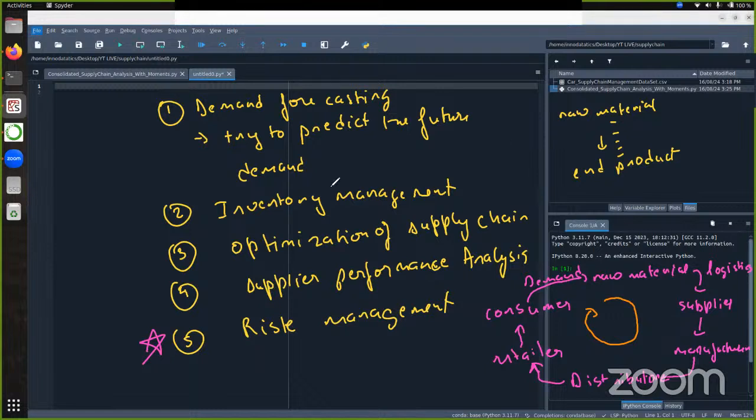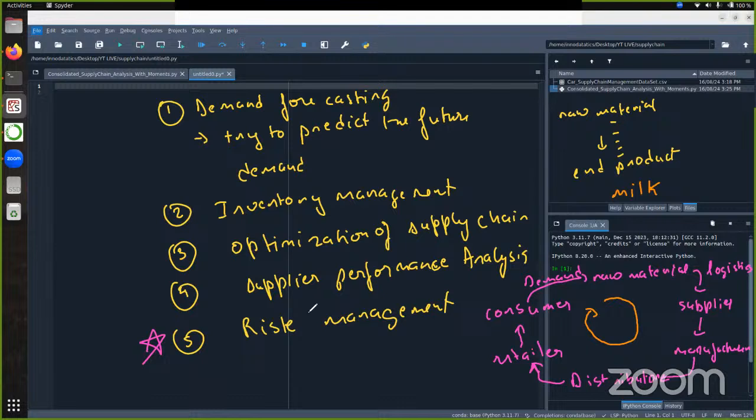Let's say that your raw material is dependent on maybe some kind of weather. Let's talk about a basic example of milk. Milk is sourced from the farms. Now, what if there is some kind of disease that is affecting cattle?